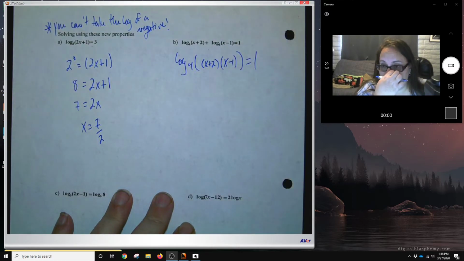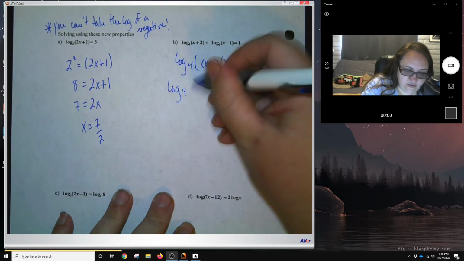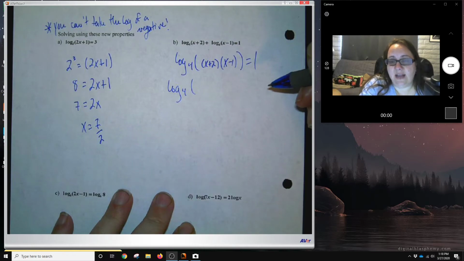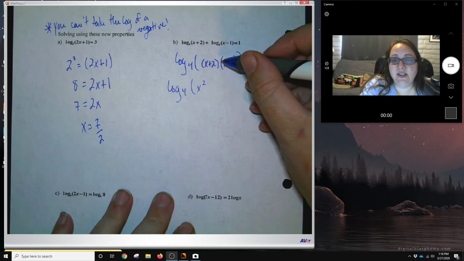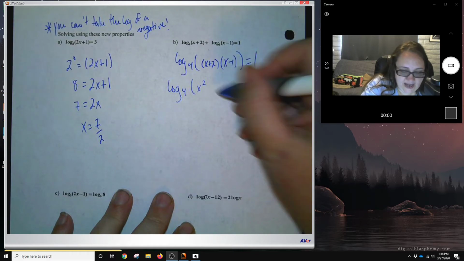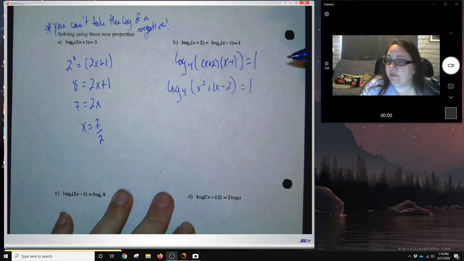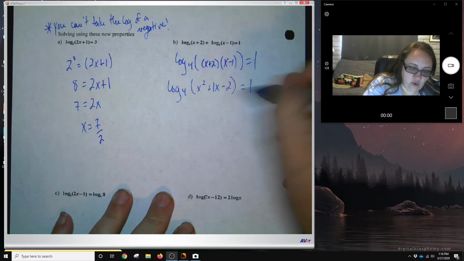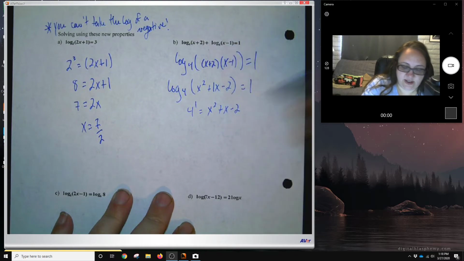And then the next thing that I'm going to do is FOIL. So this would be log with base 4 of x squared plus 2x and minus 1x, so plus 1x minus 2. And then I'm going to turn this into an exponential, so 4 to the 1 equals x squared plus x minus 2.